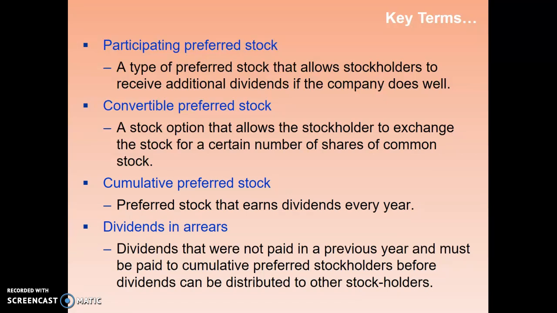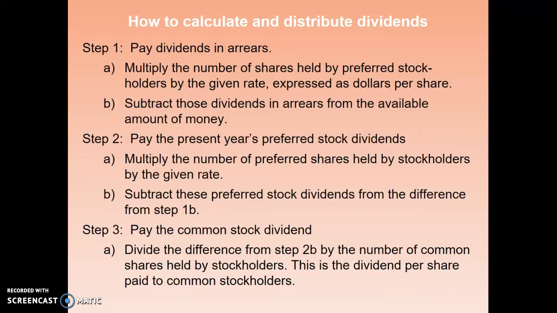Cumulative preferred stock earns dividends every year, and dividends in arrears are dividends that were not paid in a previous year and must be paid to cumulative preferred stockholders before dividends can be distributed to other stockholders. Pay attention to your arrears.